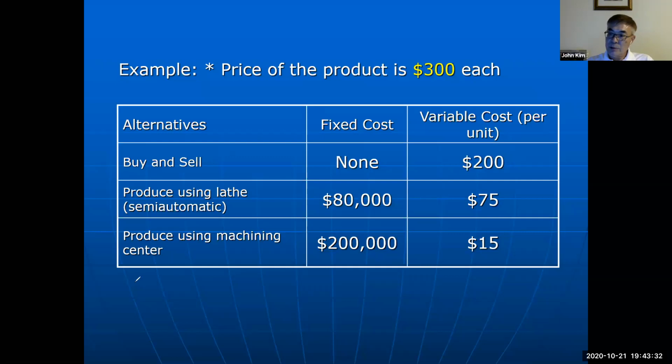So total cost for buy and sell, let's say B, no fixed cost, just 200 Q. Then second one, total cost, let's say lathe, equals 80,000 plus 75 Q. And then the last one, total cost machine center equals 200,000 plus 15 Q. So using those total cost equations, draw.